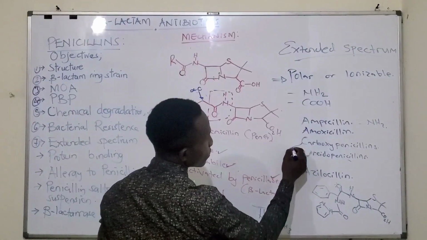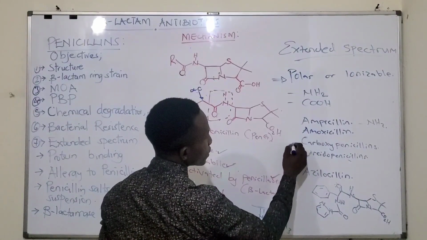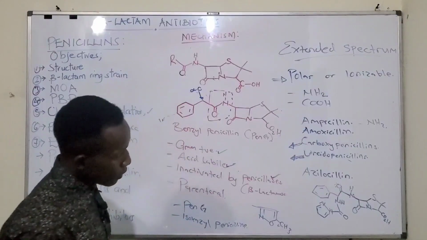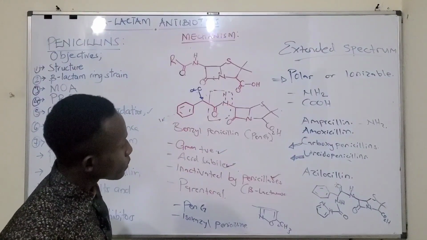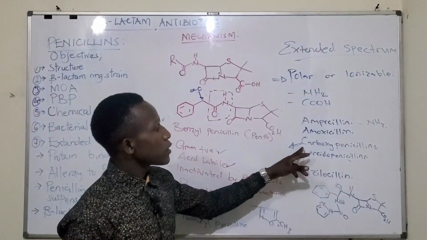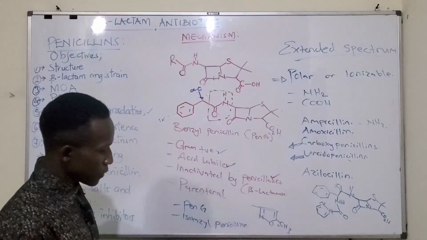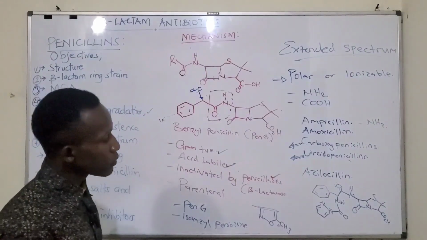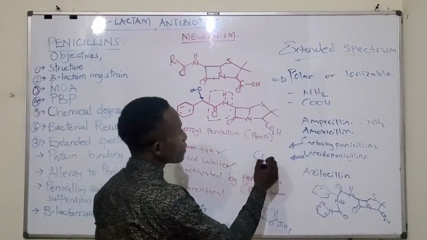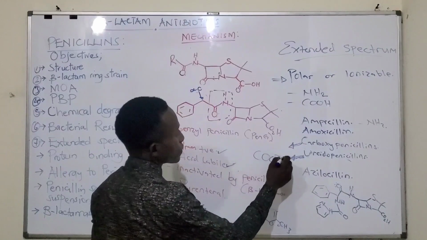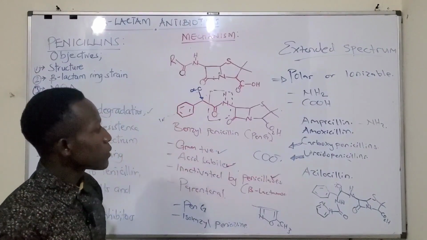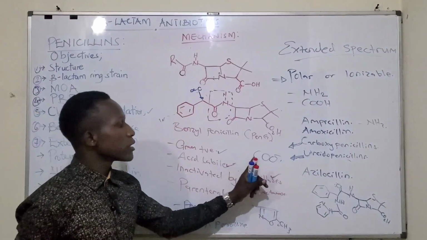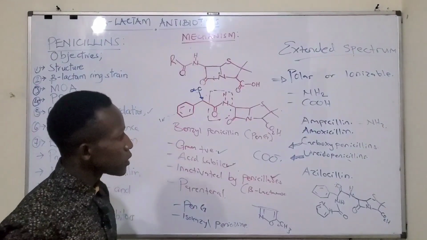Then carboxypenicillin is also unstable in acid. Why? Because the carboxyl group, we shall have decarboxylation in acidic pH.